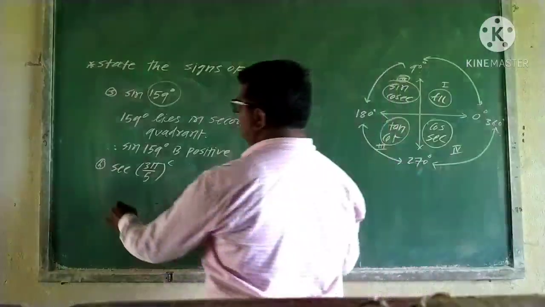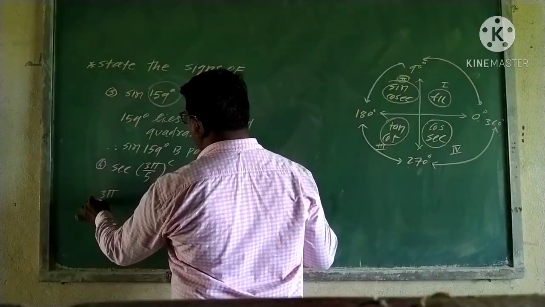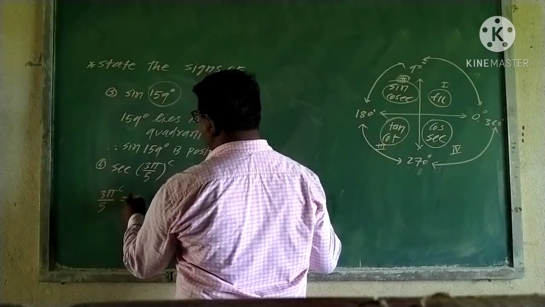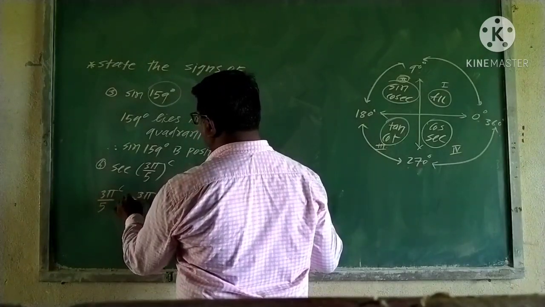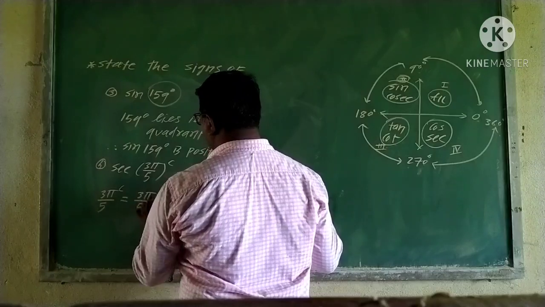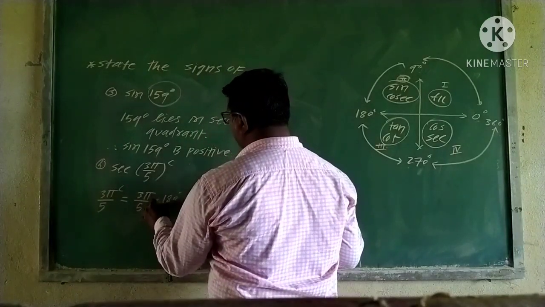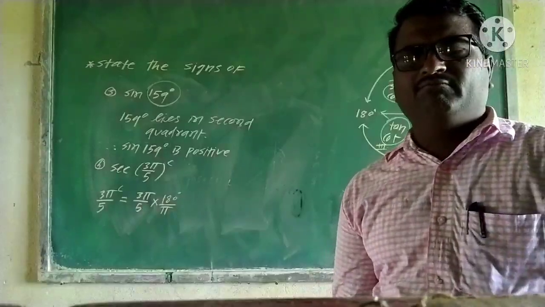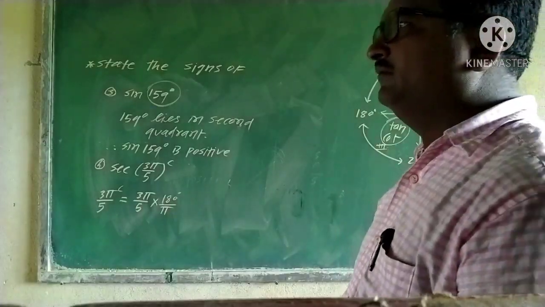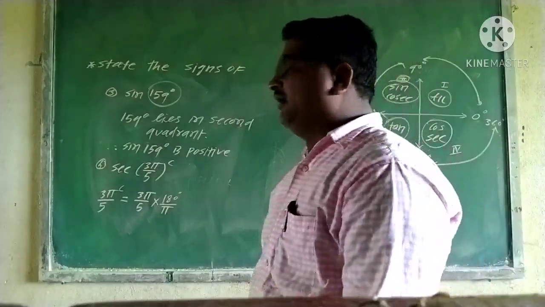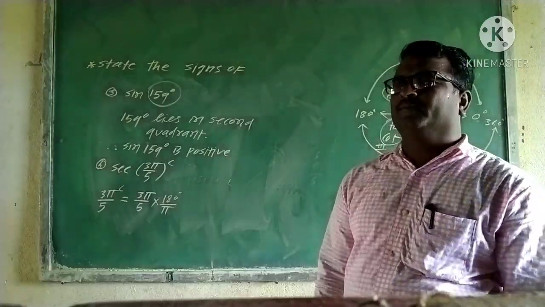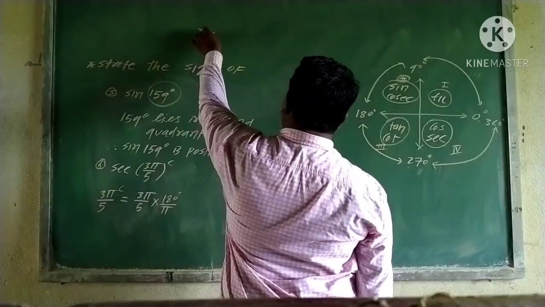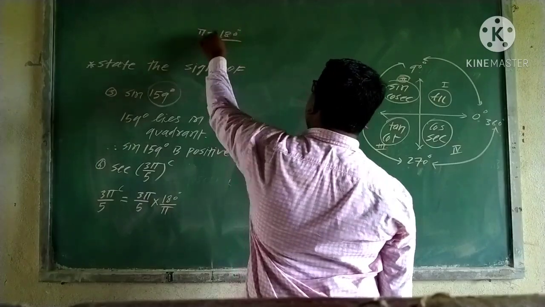Now 3 pi upon 5 radian is equal to 3 pi upon 5 multiplied by 180 degree divided by pi. To convert the given angle from radian to degree, we put the value of pi as 180 degree.